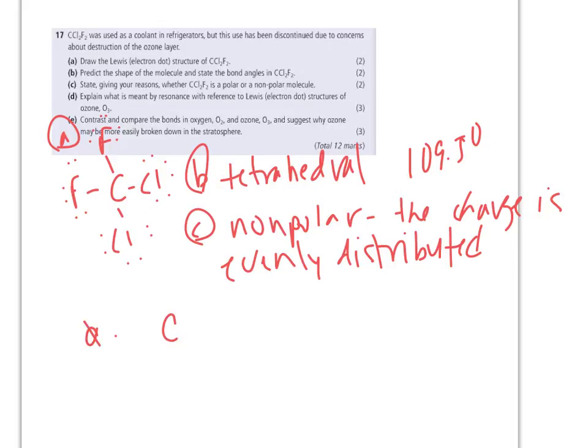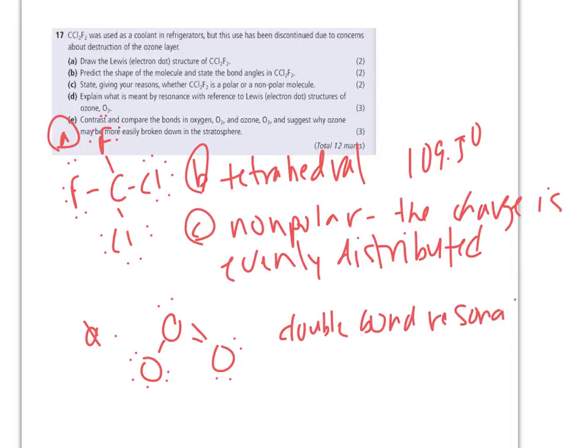So if you draw ozone, you're going to have a double bond and a single bond. So 3 lone pair, 1 lone pair, and 2 lone pair. And the resonance is the idea that the double bond resonates or moves back and forth between both possible positions.